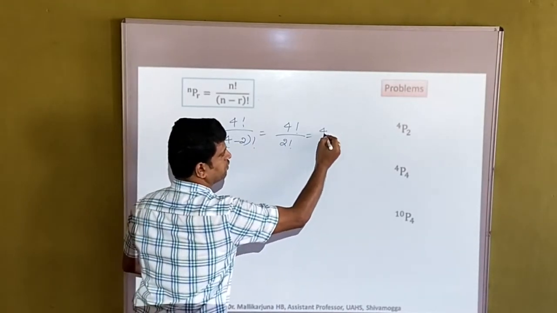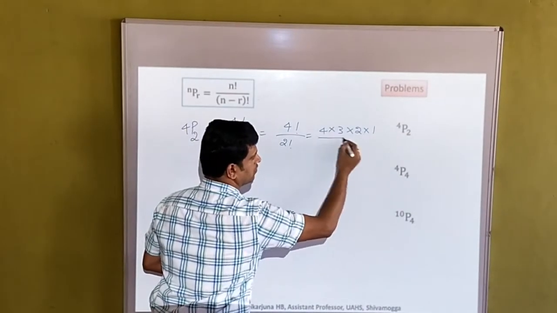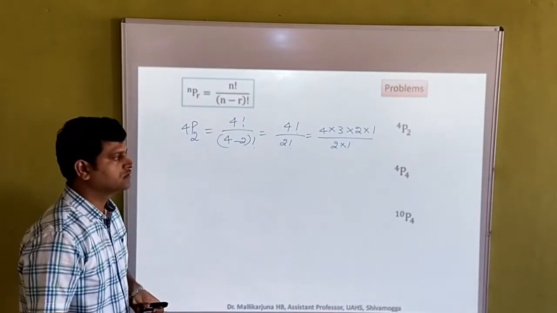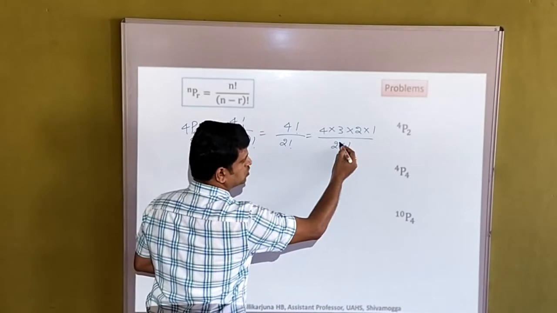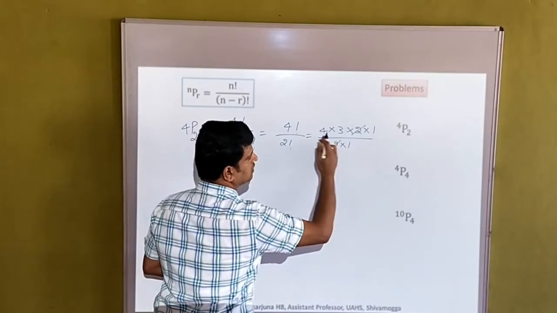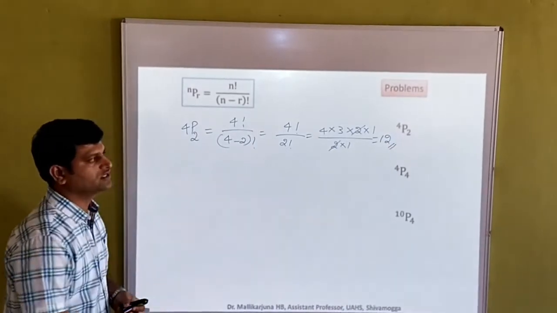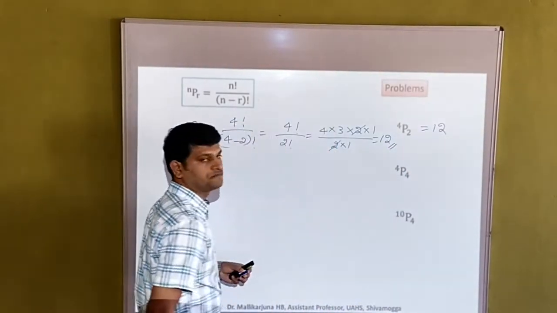Here 4 into 3 into 2 into 1, then this is 2 into 1. The 2 into 1 cancels, then 4 into 3 is 12. So 4P2 is equal to 12.